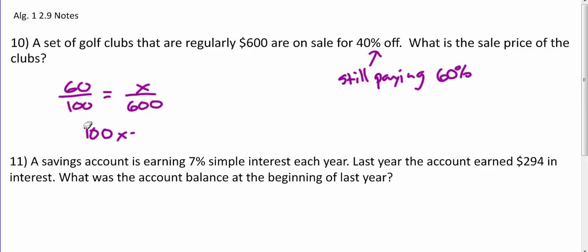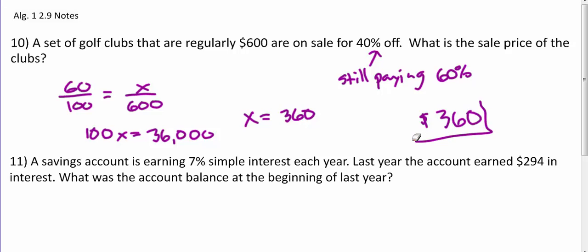A little cross products property. You've heard that phrase from me a few times today. So 100x is equal to 36,000, and then division just knocks off 2 zeros, so that would be 360. It is an application or story problem. We should answer that with a label, and I think that would do the trick right there. $360.